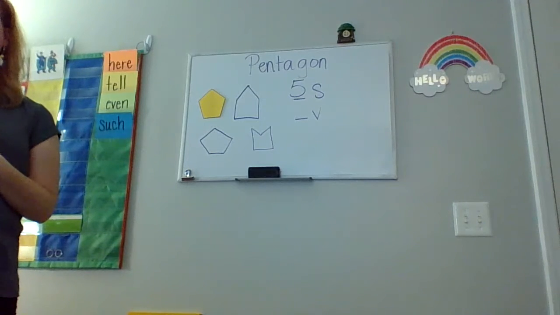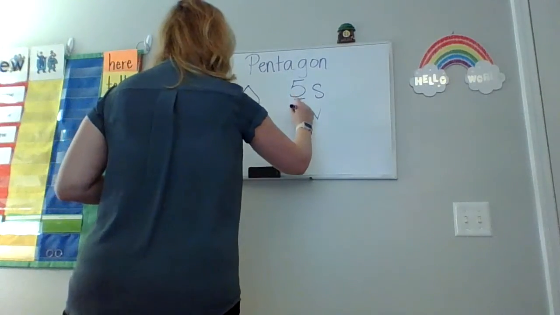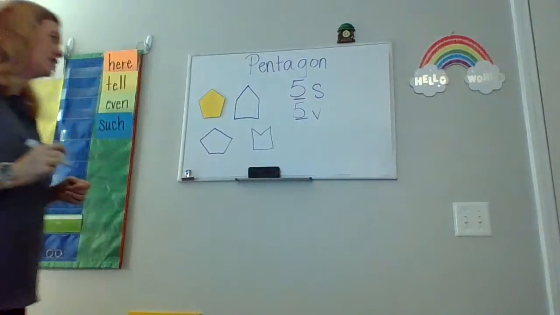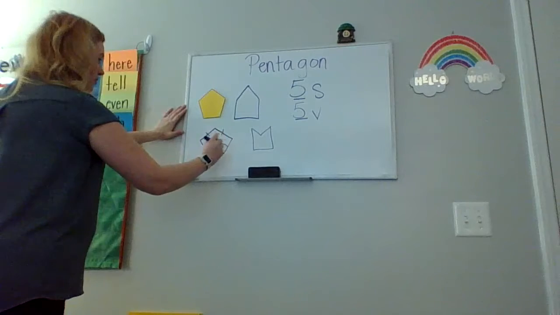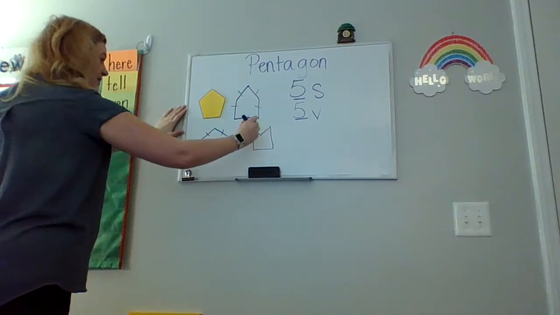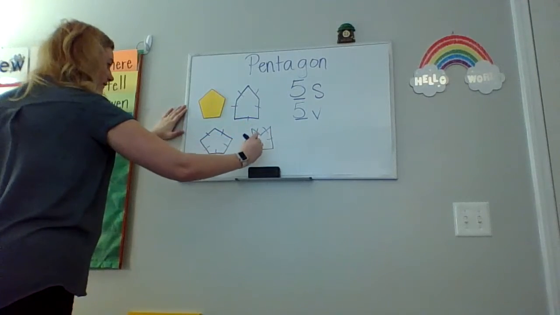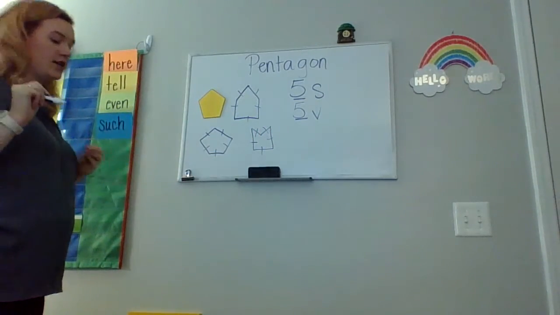And how many vertices does a pentagon have, Easy? 5 vertices, right. It has 5 sides and 5 vertices. So, this has 5 sides. 1, 2, 3, 4, 5. This has 5 sides. 1, 2, 3, 4, 5. This one has 5 sides. 1, 2, 3, 4, 5. Okay? They all have 5 sides and 5 vertices.